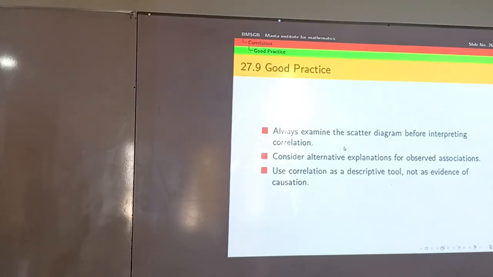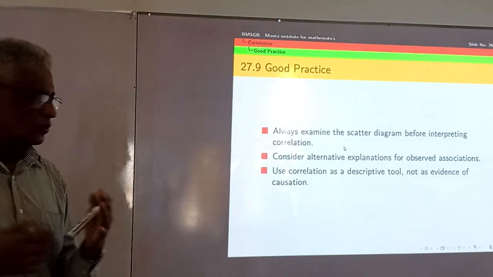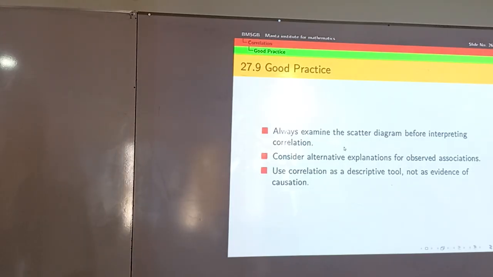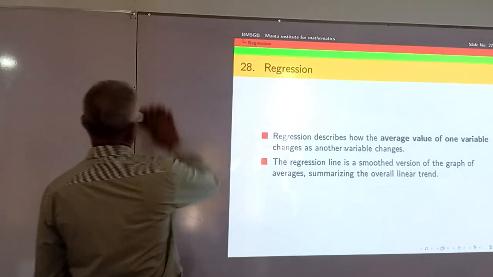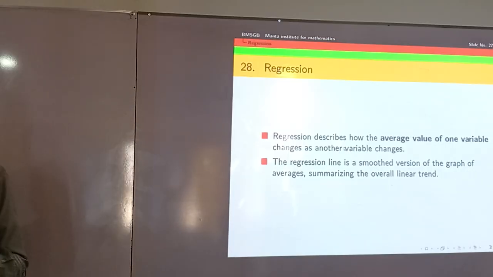Therefore, you have to think of whether these have come from real associations or whether they have been created by some other confounding variable or grouping and so on. Right. So I think that is the summary of the correlation coefficient that we learned.